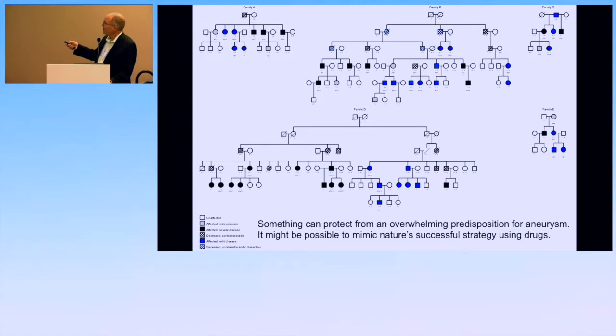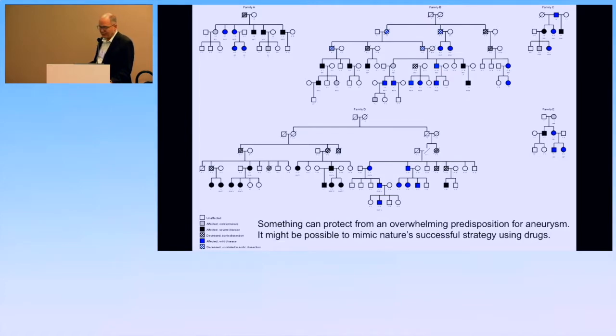For example, in these families, people shaded as black symbols have classic severe Marfan syndrome, often with the need for surgery in late childhood or young adult life. In the same family, individuals shaded as blue have no vascular manifestation of Marfan syndrome, including people that are now in their 50s and 60s.